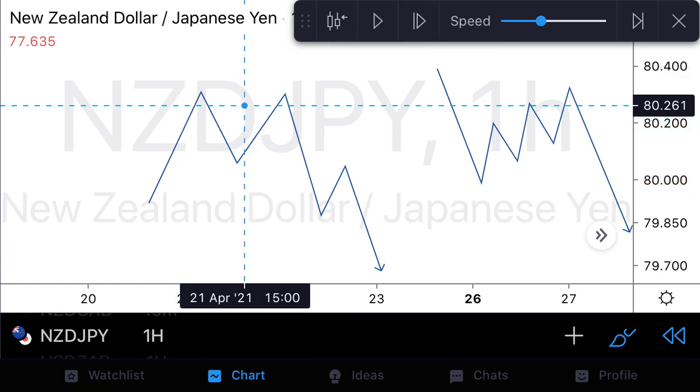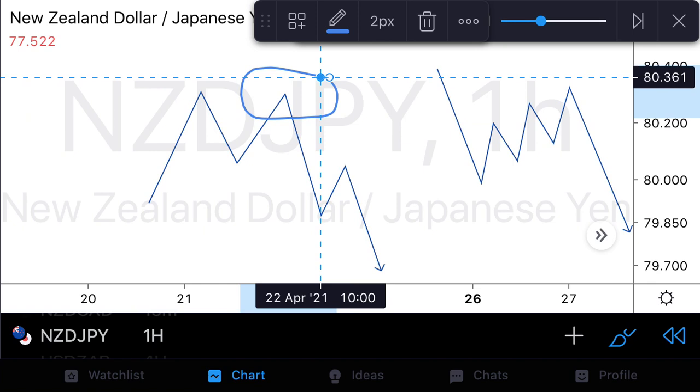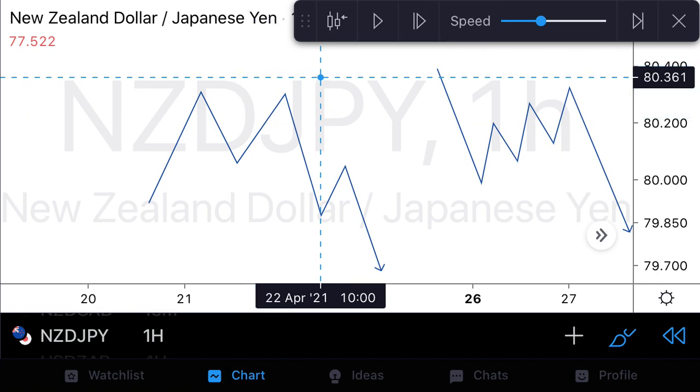Now, if we got an entry in this area here, that would be considered a risk entry because the market has not impulsed and broken structure in the direction that we are looking to trade.